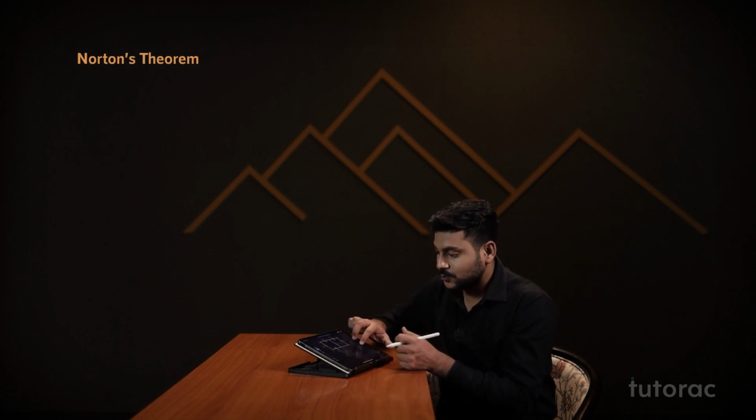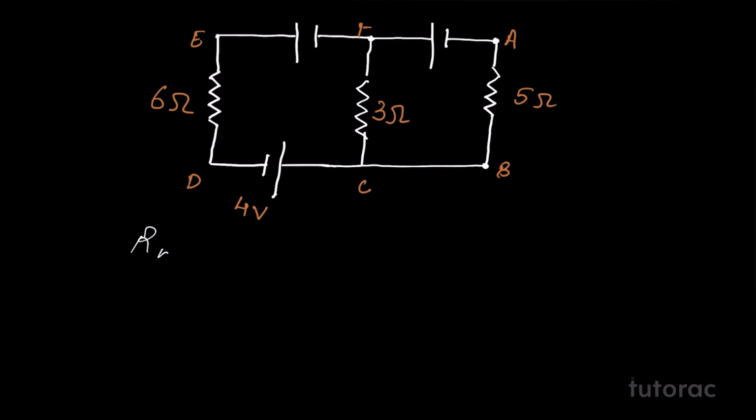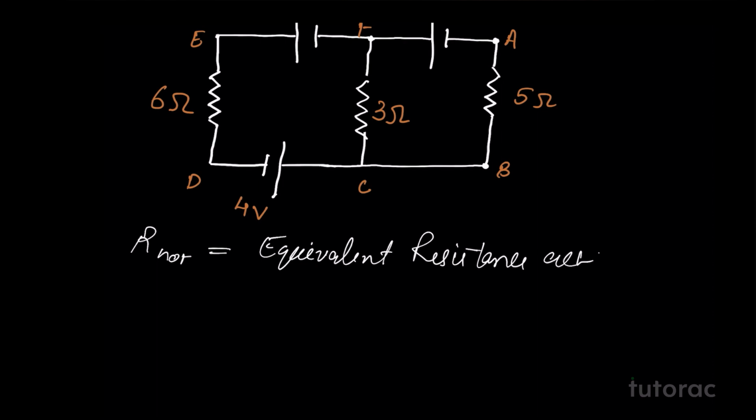Here I have the same circuit and we'll try to solve it with Norton's theorem. As I was telling you earlier, it's very similar. We'll first try to calculate R Norton. It's nothing but the same, the equivalent resistance across the external resistance or load resistance.